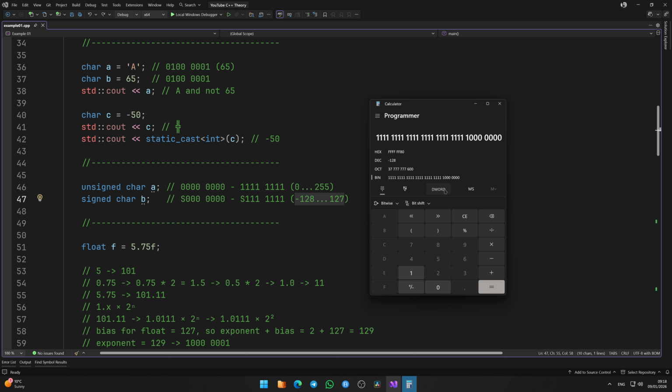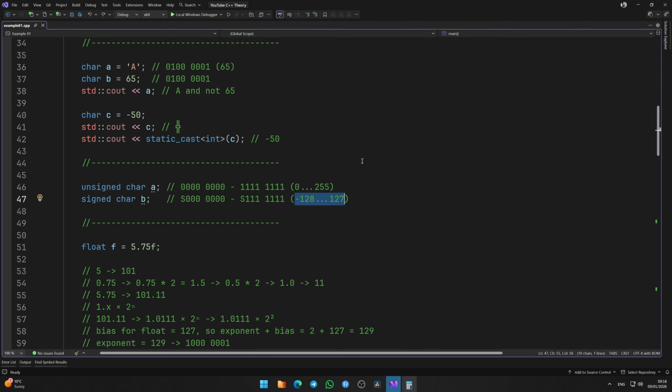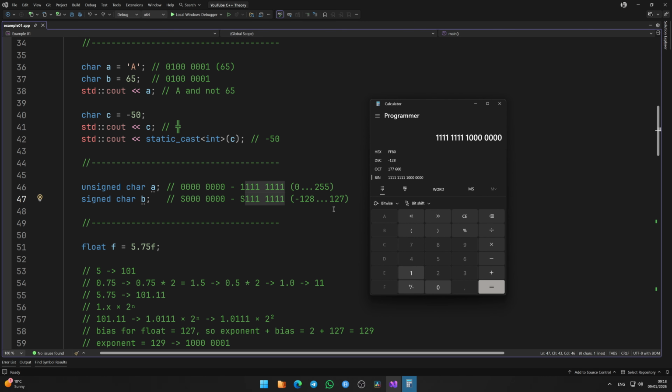And what about the largest number for signed char? We set the leftmost bit to 0 and fill the rest with ones: 0, 1, 1, 1, 1, 1, 1, 1. That's 127 in decimal.